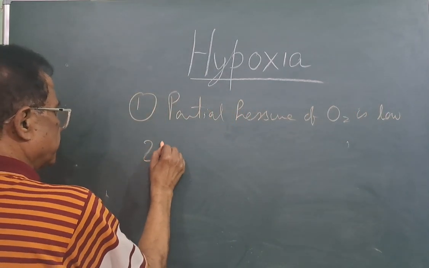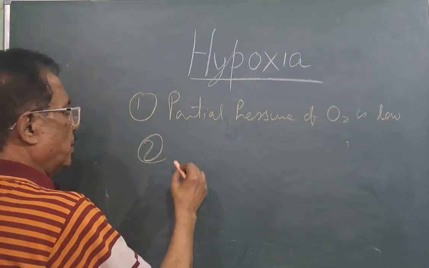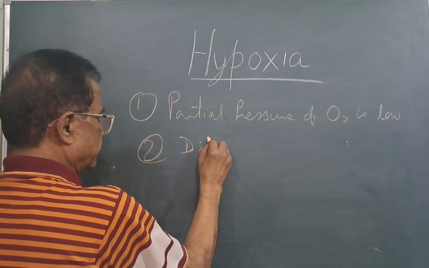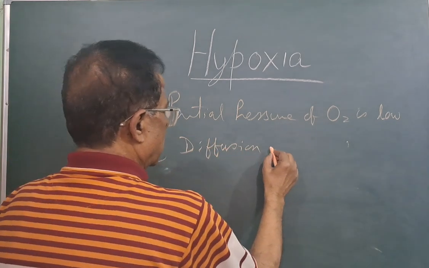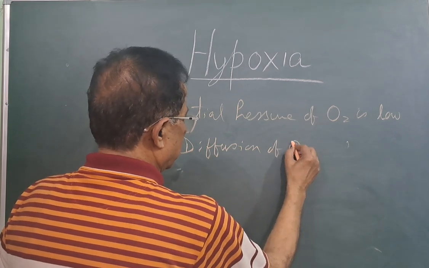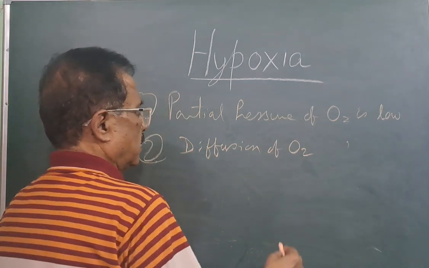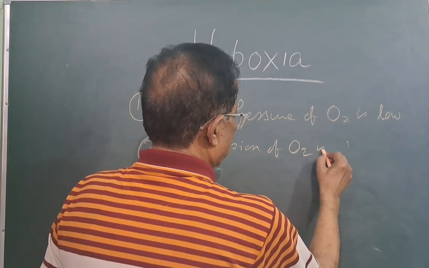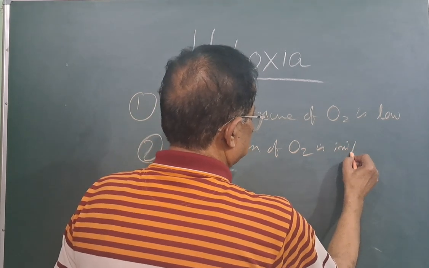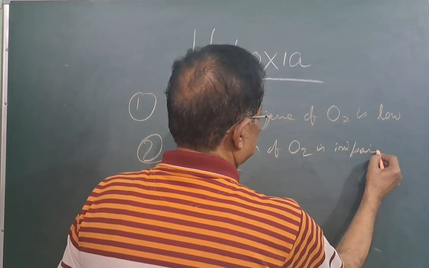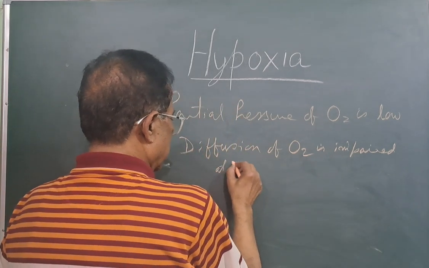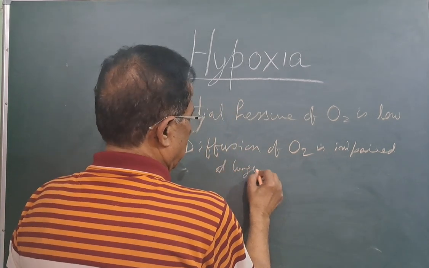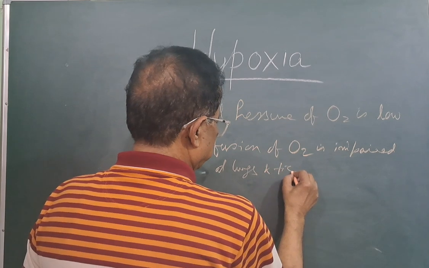Second, diffusion of oxygen is impaired at lung and tissue level.